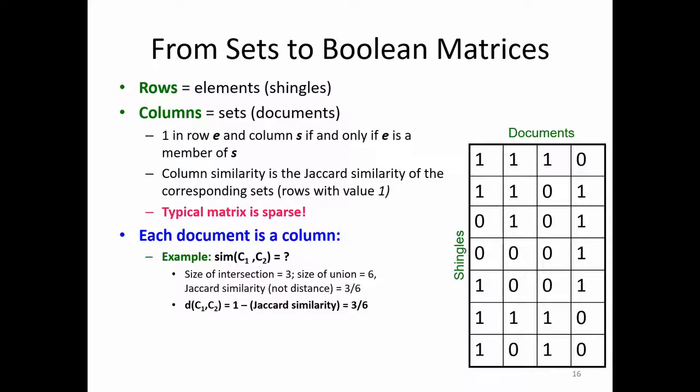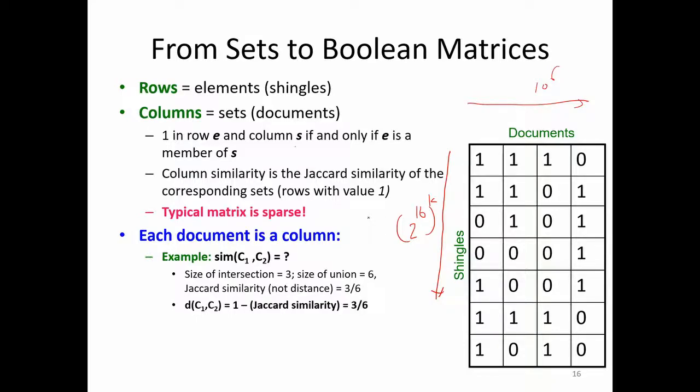Your rows are basically shingles, or whatever you are using. There may be 2 to the power 16 to the power k rows, something like this. And here you have the documents. Let's say you have 10 to the power 6 documents. Each column is a document.